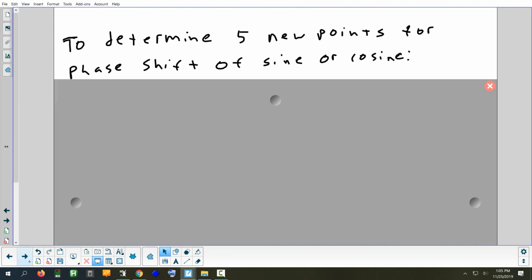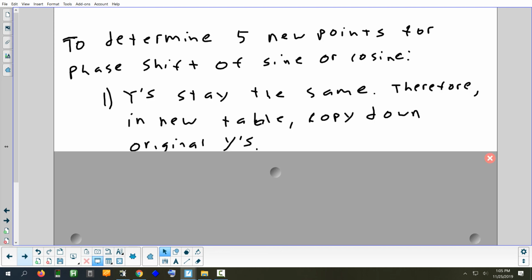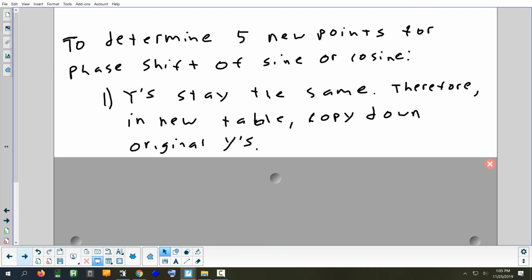Okay, so how do we modify that original table that I gave you? We have to find the 5 points on this graph. If we do a phase shift, which column is not affected at all? The y's. Phase shift is going to move things left and right, and y's are the vertical.